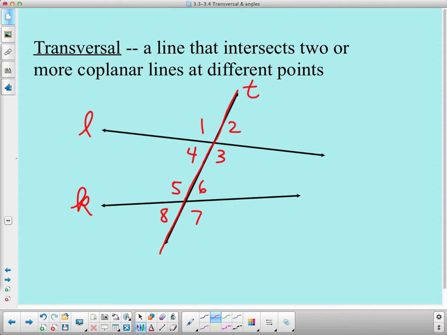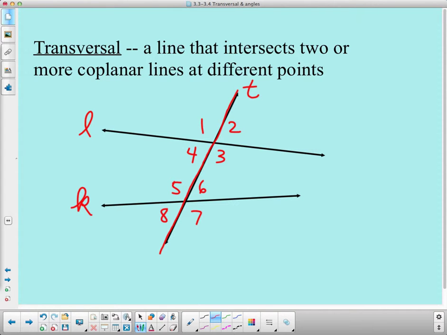Which angles are between the pair of lines? 4, 5, 3, and 6 are between the pair of lines. So then 1, 2, 8, and 7 are outside of the pair of lines. Okay. So using those ideas, same side of the transversal, between the lines, hopefully that helps us understand the vocabulary.